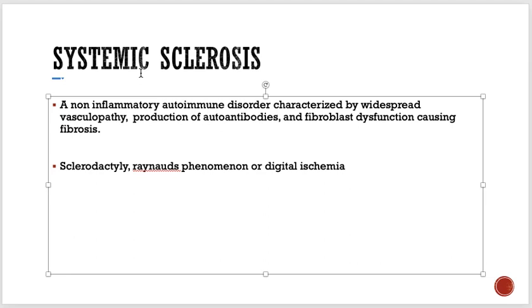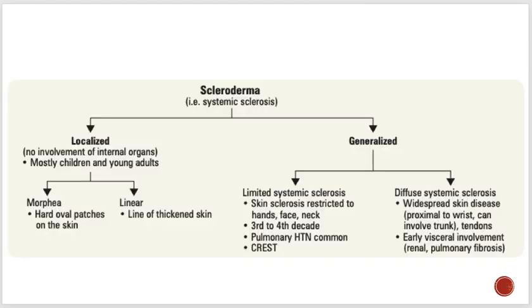Previously, they classified scleroderma into two categories. You can see scleroderma or systemic sclerosis is classified into localized or generalized.